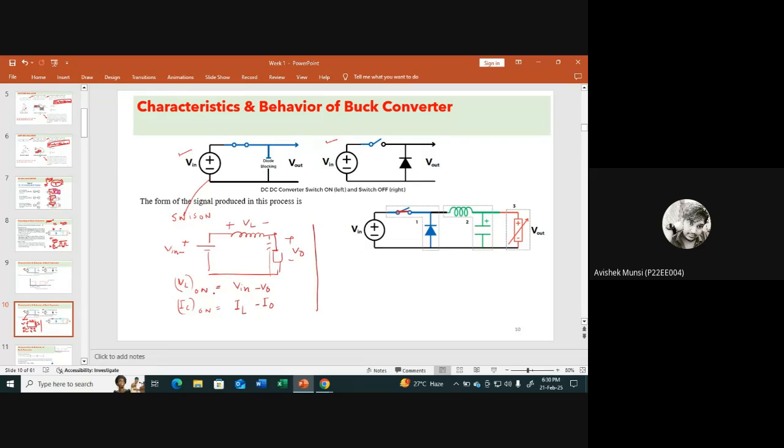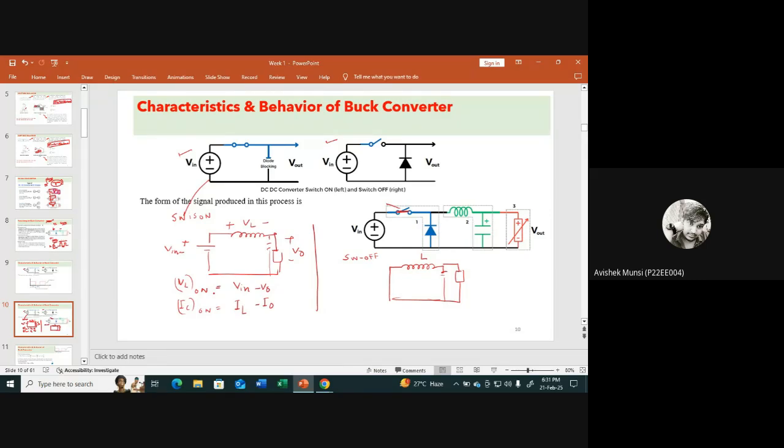In a similar way, when the switch is off, the diode will conduct. So this is my load and inductor.